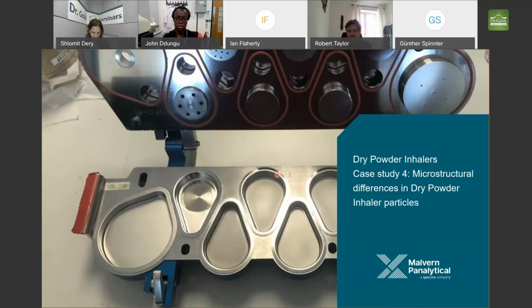So the principle being, the higher they impact, the larger the particle size, and if they impact at the later stages, then the smaller the particle size. And this will give some information as to where you expect these particles to deposit in vivo.